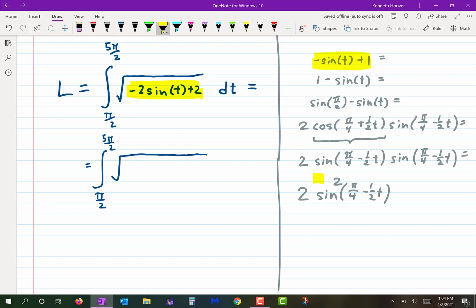So it equals 2 times this. So I'm going to write 4 sine squared of pi over 4 minus 1/2 t.